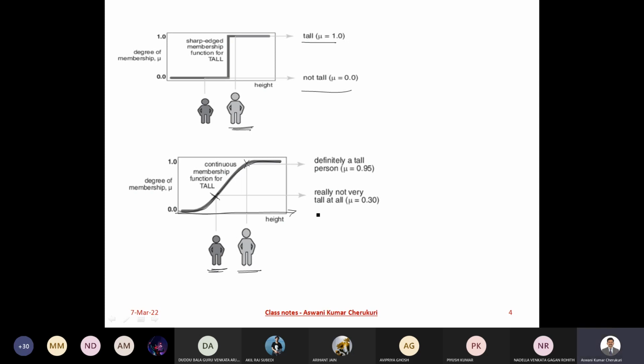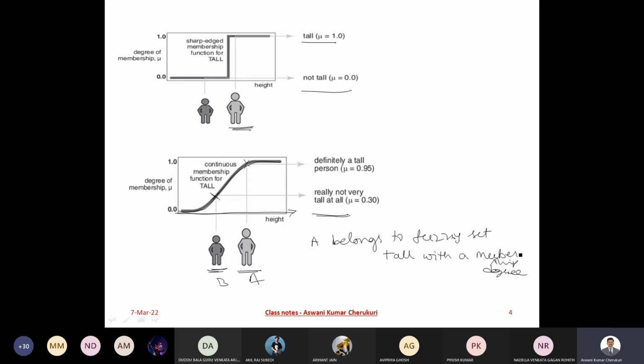We are saying here in the second scenario that, if you call this person A and this person B, A belongs to the fuzzy set tall with a membership degree.